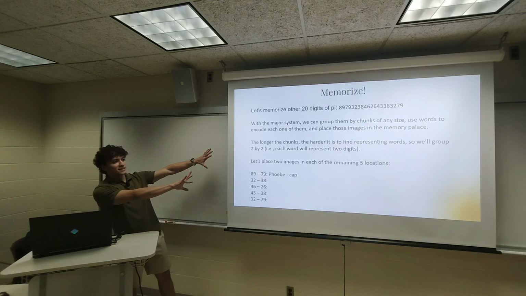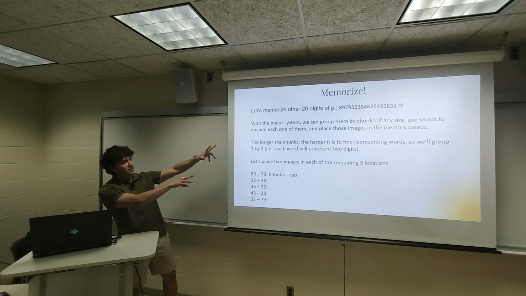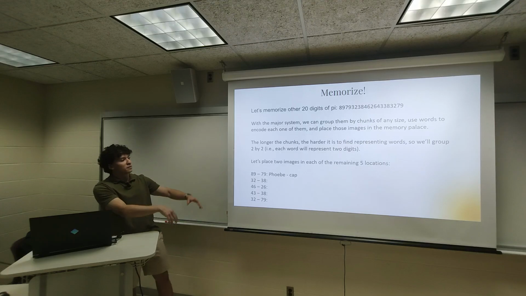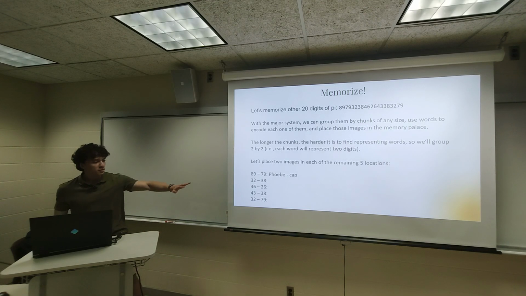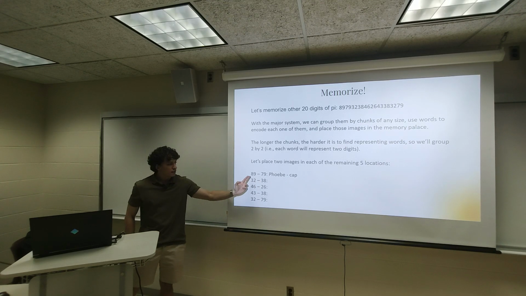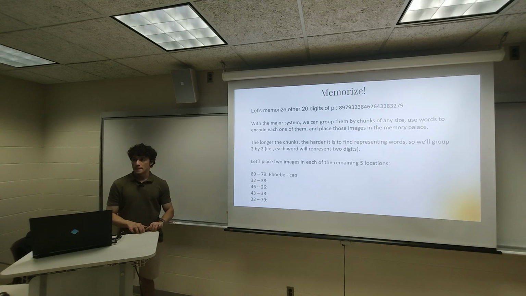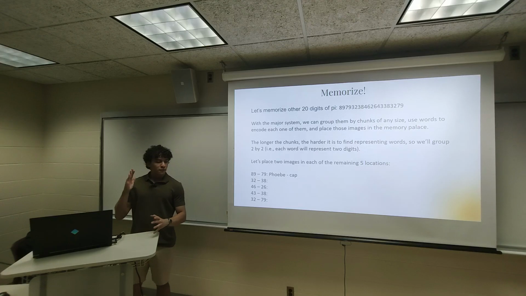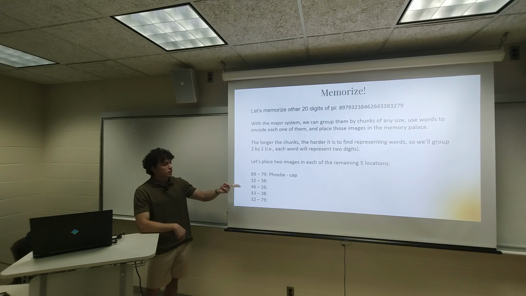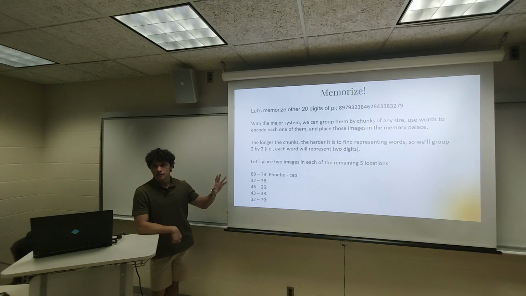So now we're memorizing the remaining 20 digits among the first 30 of pi. We go pair by pair, convert to an image, and place it in the remaining 5 positions of the memory palace. If you have difficulty converting one of them, skip it and get back to it at the end.